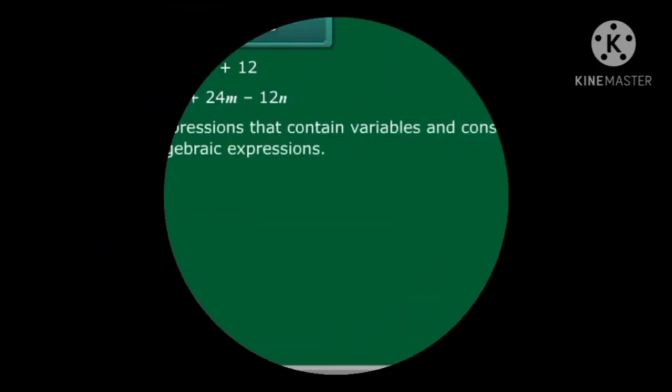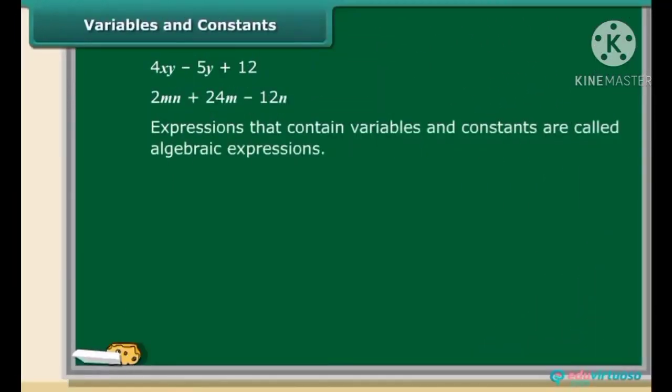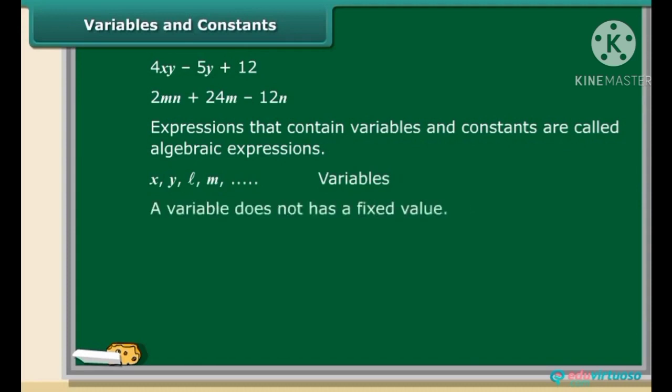Algebraic expression. Expressions that contain variables and constants are called algebraic expressions. Letters such as x, y, l, m, etc. are used to denote variables. A variable can take various values; it does not have a fixed value.